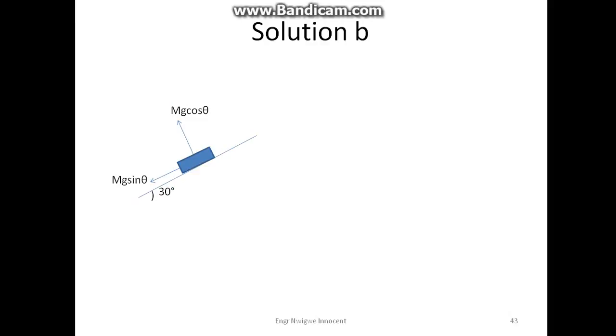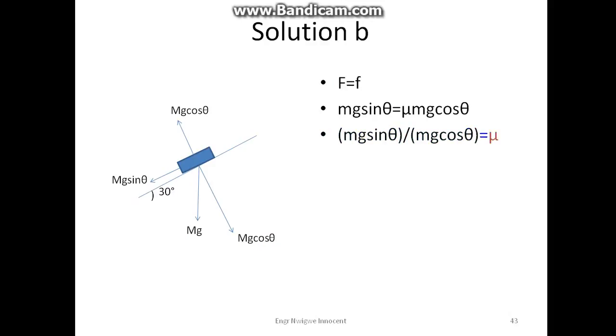Force F is equal to F. Therefore, mg sin theta is equal to mu mg cos theta. Making mu the subject of the formula, we now have mg sin theta over mg cos theta, which, cancelling the m and the g, gives sin over cos.